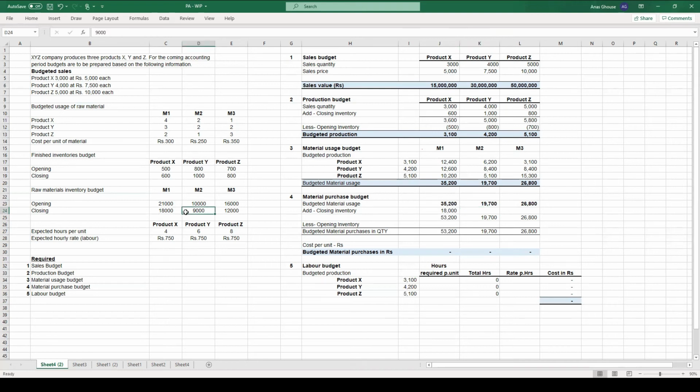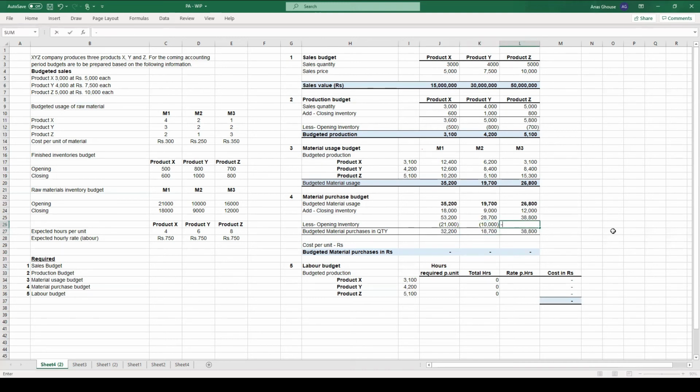Then you have 9,000. Then 12,000. Okay. Then you need to deduct the opening inventory. The raw material already in stock has to be deducted here. Minus 10,000.